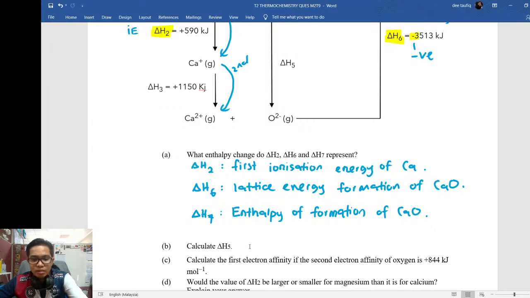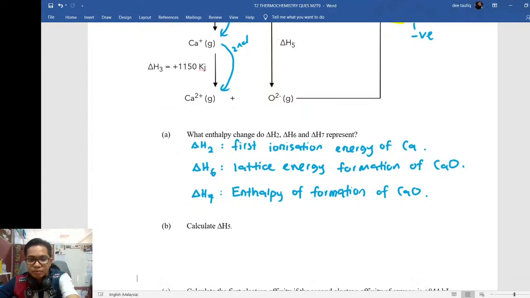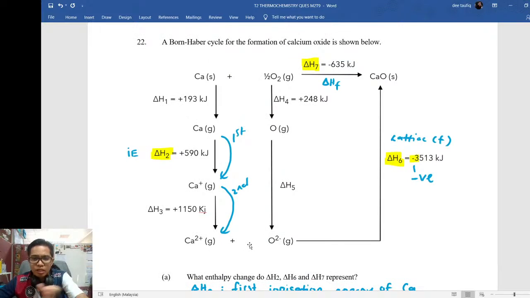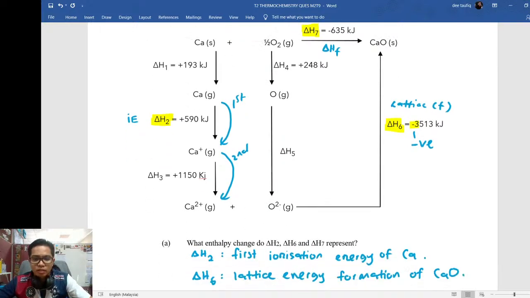Number B, calculate delta H5. 5 mana situ? So kat sini 7 equal to the rest of the structure.